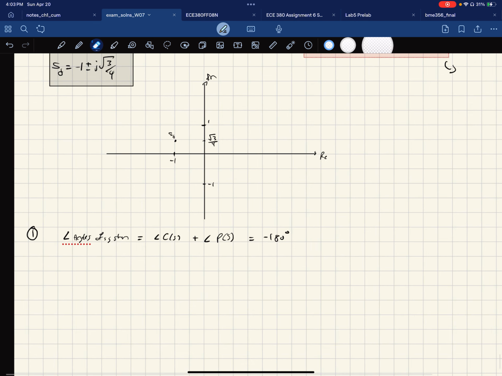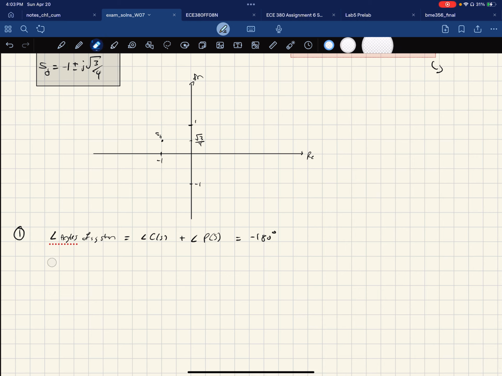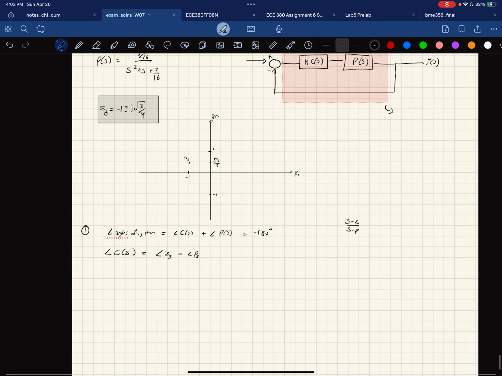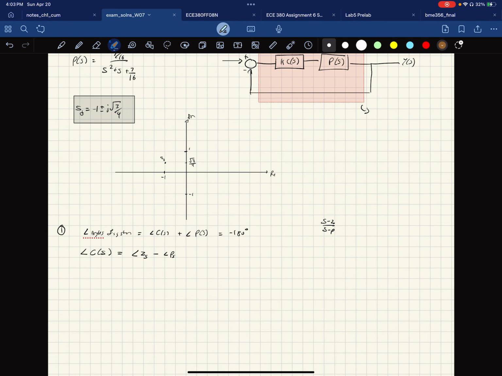And this is where I went wrong in the previous video: the controller C of S is, anything in the world, S minus Z over S minus P, zeros and poles. Because it's always in the form of Z and P, regardless of where these are, it's always the sum of the angles of the zeros minus the sum of the angles contributed by the poles.